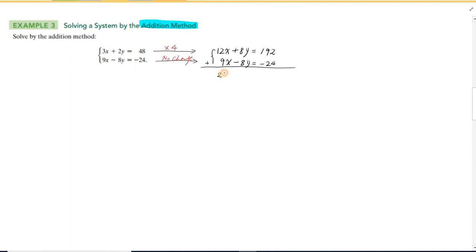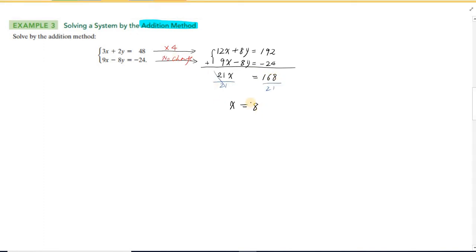That will be 21x. This is going to be gone because they're going to be 8y and then minus 8y, they're going to be gone. And then here we're going to add them together. That will be 168. x equals 8.